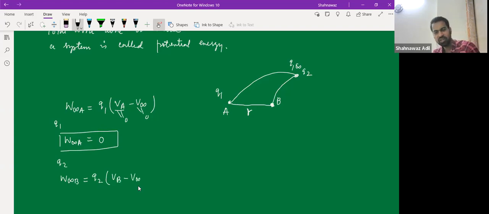But potential at infinity is 0, because potential goes as 1 over R.